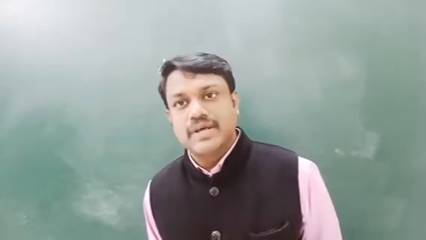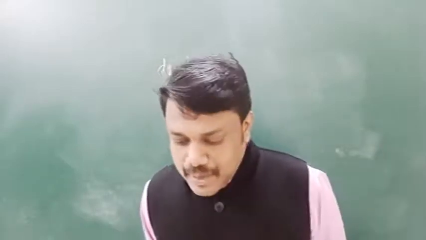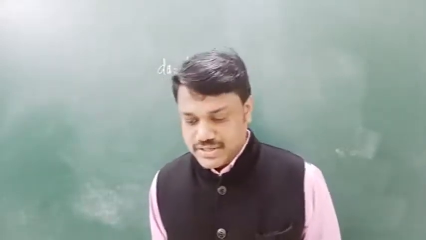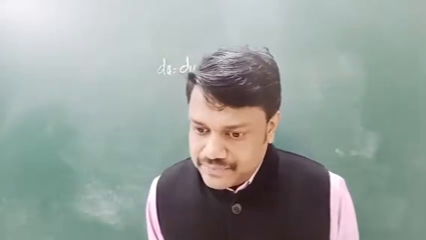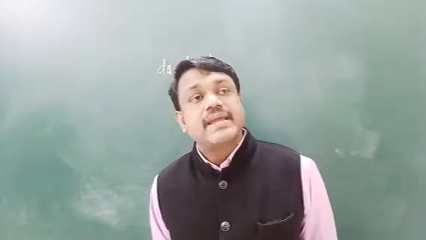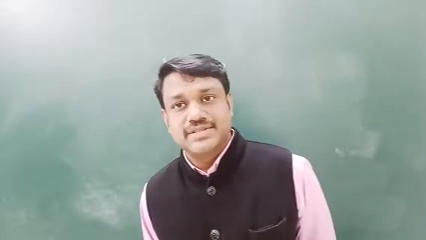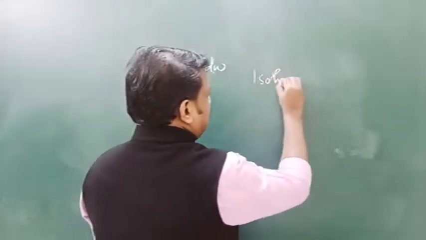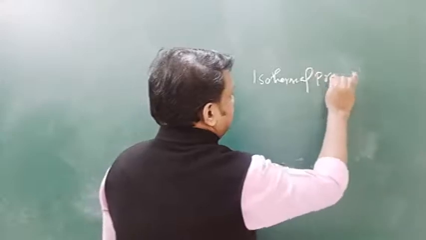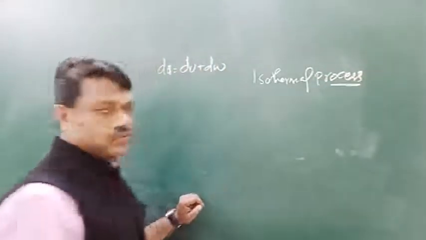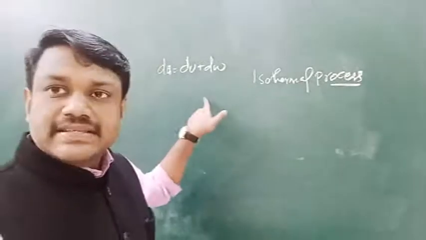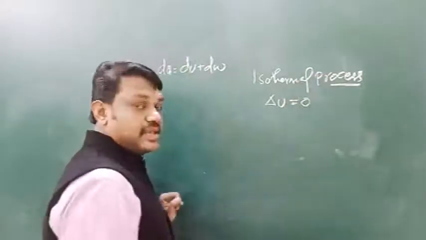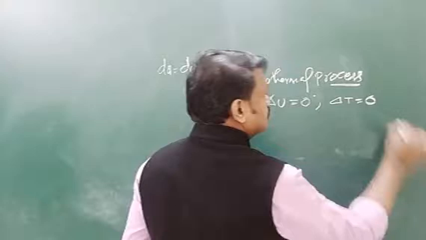First one is an isothermal process. In an isothermal process, the temperature remains constant. Last class I told you, internal energy change is identified by the change in temperature. Since in an isothermal process temperature remains the same, delta T equals 0, so delta U is equal to 0.